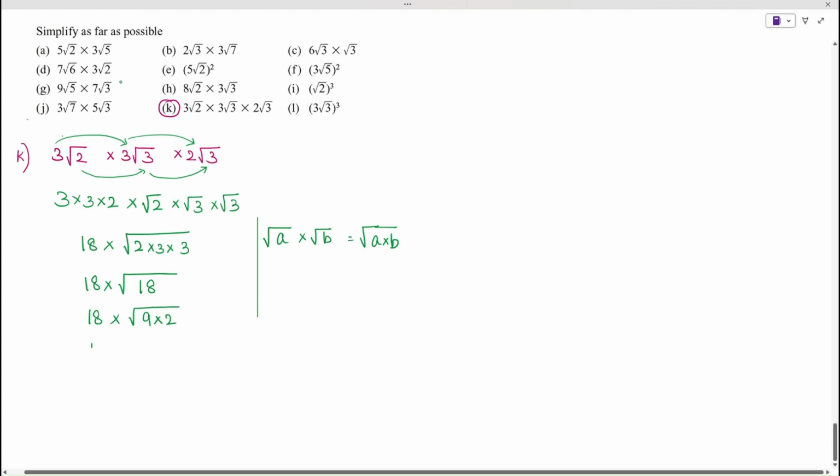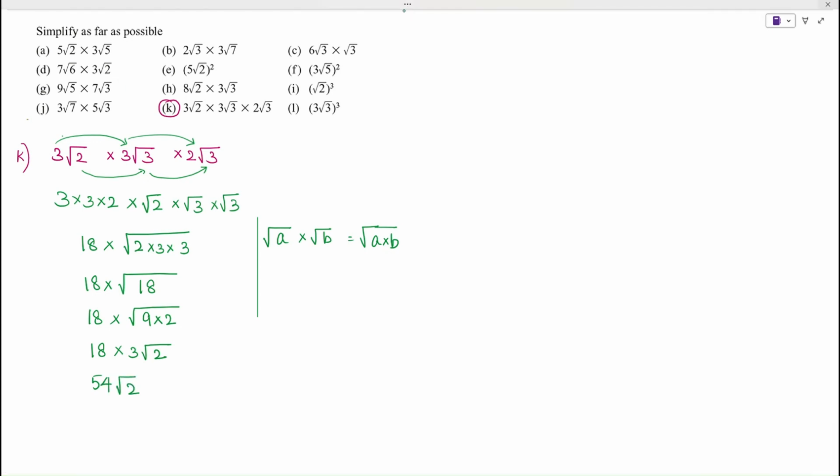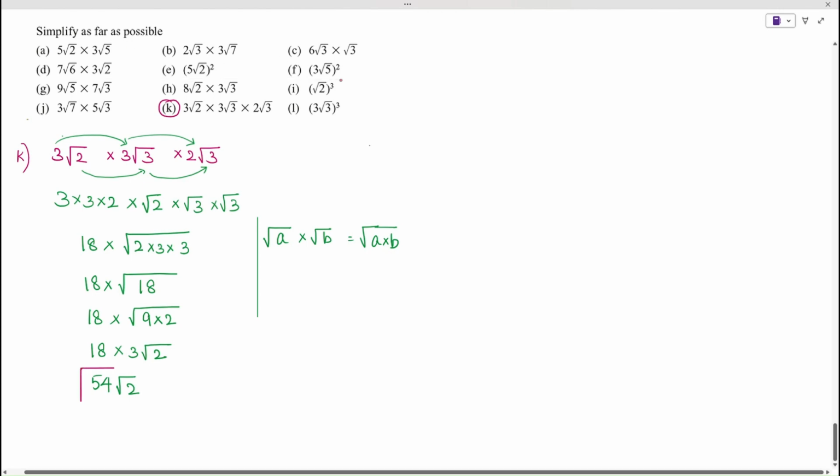And so this can help us get 18 times 3 root 2. So by splitting 18 as 9, a square number, and an additional number, you can square root your square number and bring it out of your root to get 3 root 2, and then you multiply that by 18 to get 54 root 2.